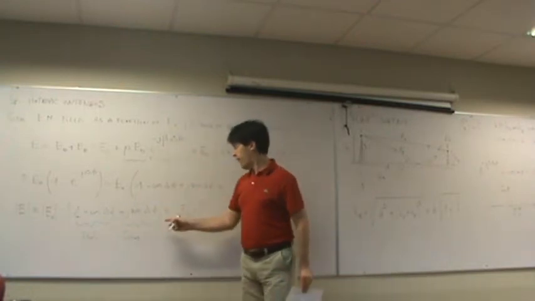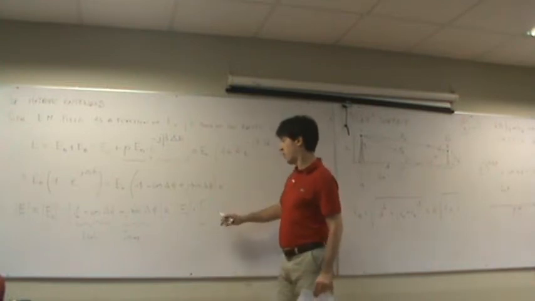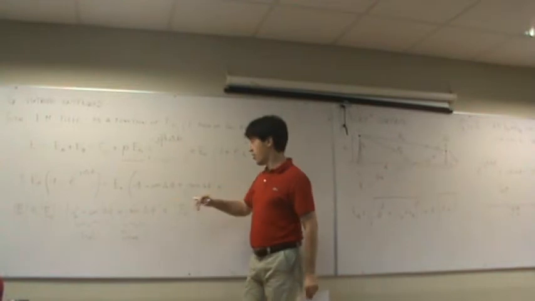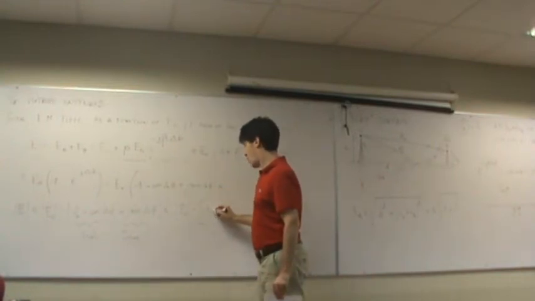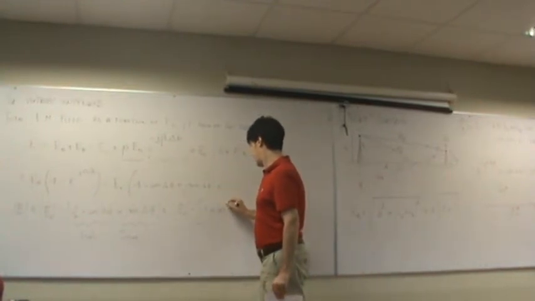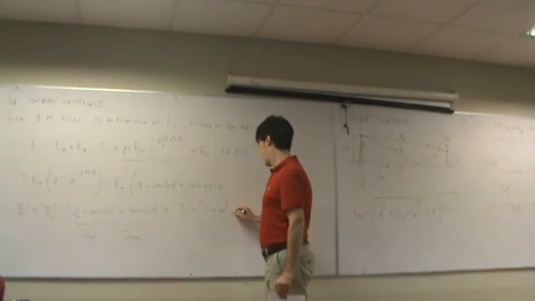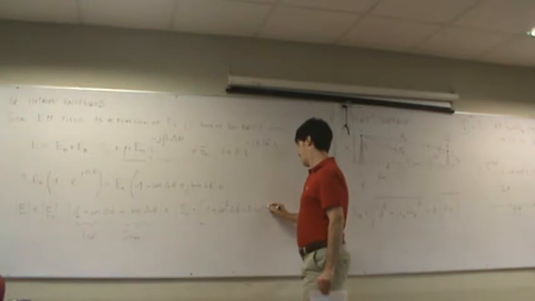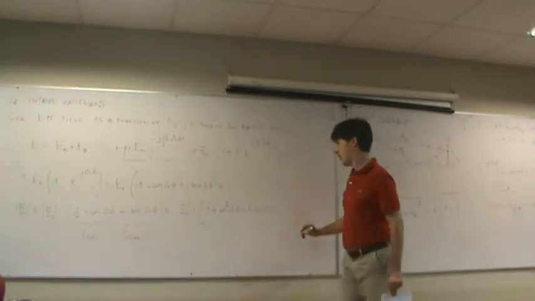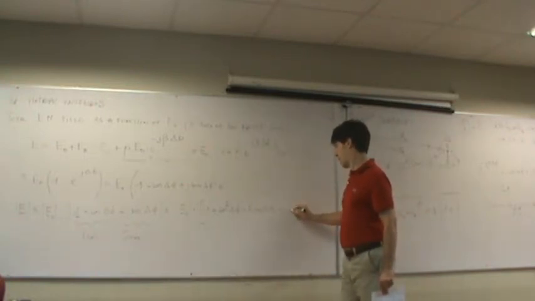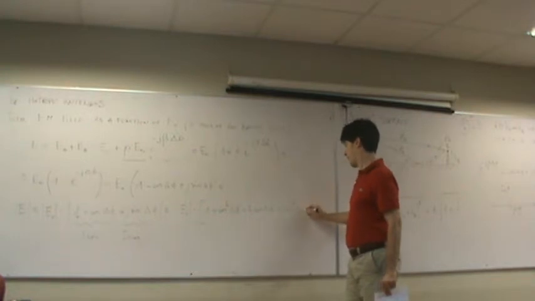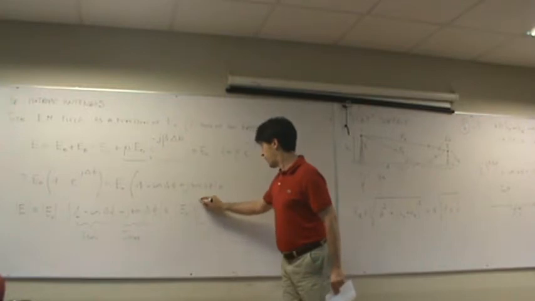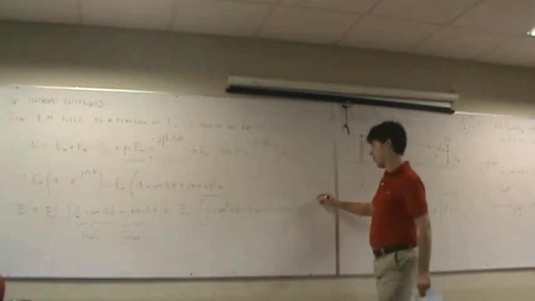So the absolute value is the square root of the real square plus imaginary square, so it's 1 plus, and all this thing is under square root.